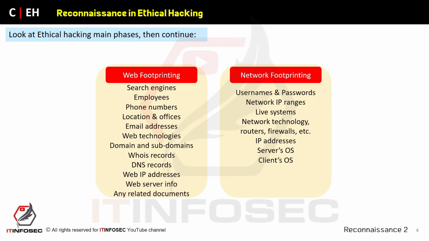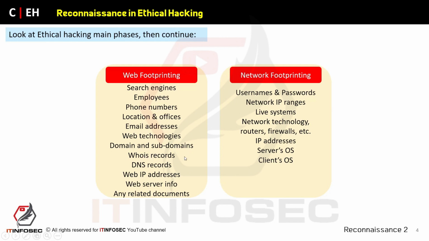For example, maybe you need to get information from the organization that you have a contract with, from a search engine. Maybe you need its employees' information, phone numbers, office locations, or email addresses of colleagues. Or maybe you need information from web technologies, or domains and subdomains.